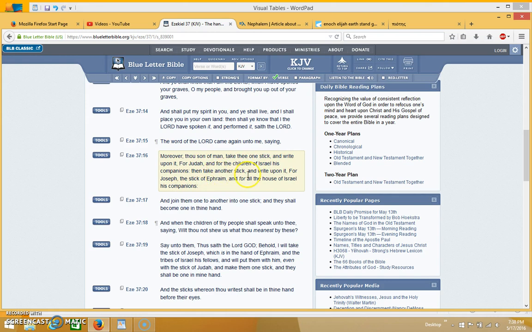Then take another stick and write upon it for Joseph, the stick of Ephraim, and for all the house of Israel and his companions, and join them one to another into one stick, and they shall become one in thine hand." So the two sticks become one.